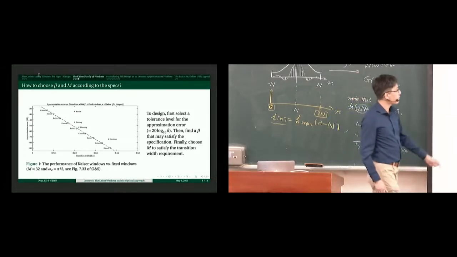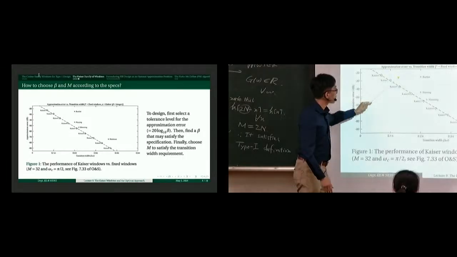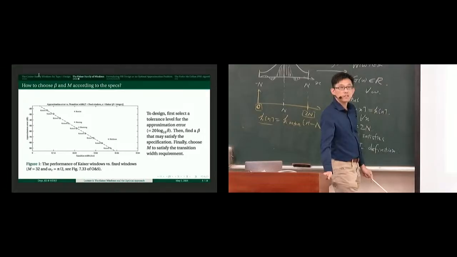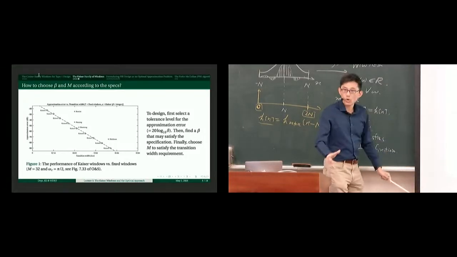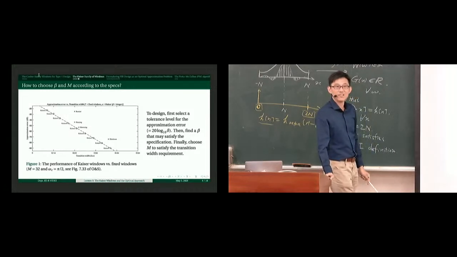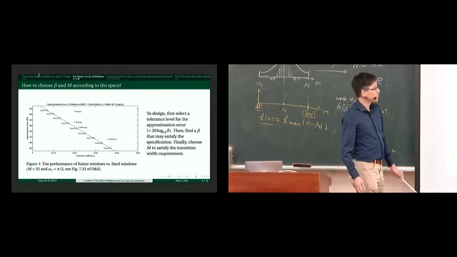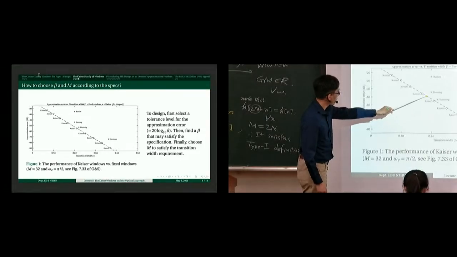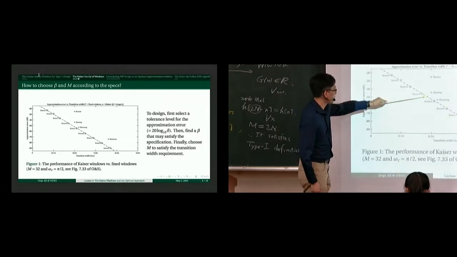All the cosine results lie on this side of the straight line. Okay? That shows that the cosine family is outperformed. Okay? 被胜过了, 被完胜, is outperformed. Is that clear? Because if you compare, for example, this Kaiser, somewhere here, this Kaiser 4.3 has a narrower transition width than Hanning, as well as a better approximation error than it.